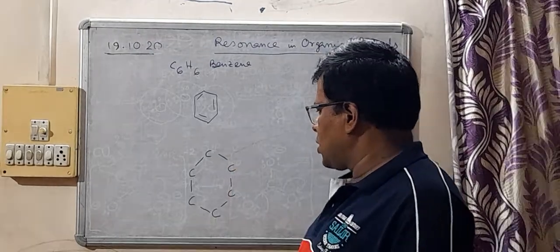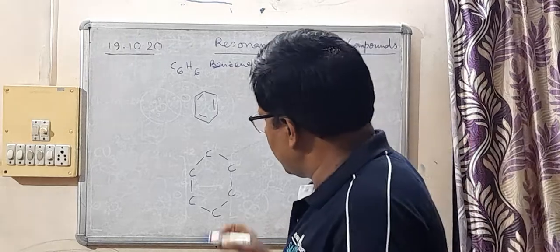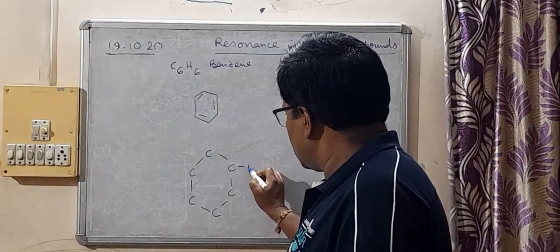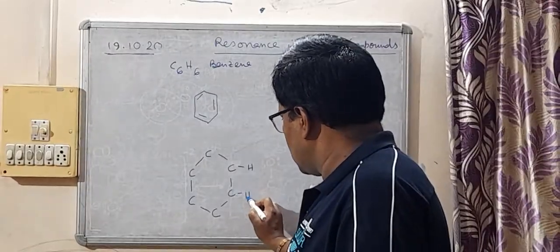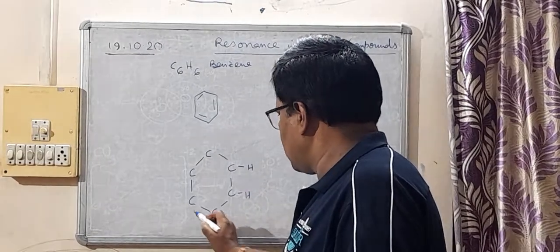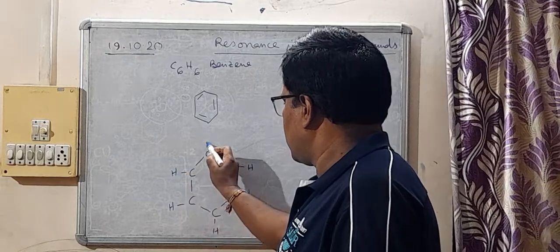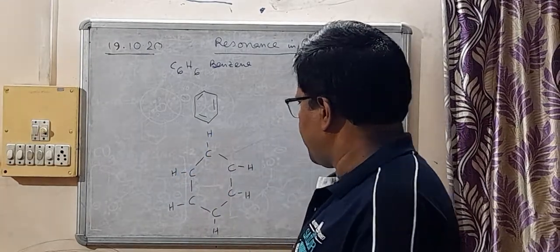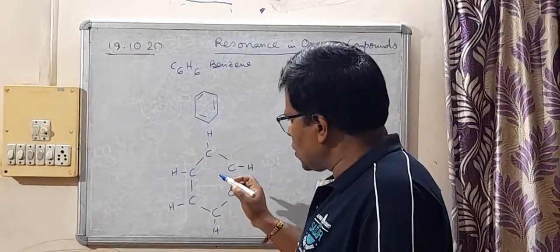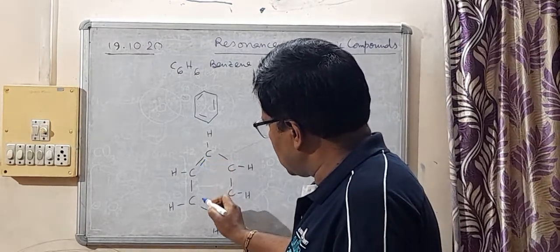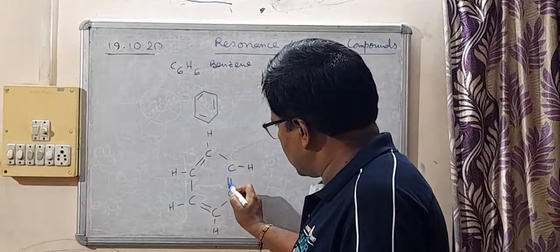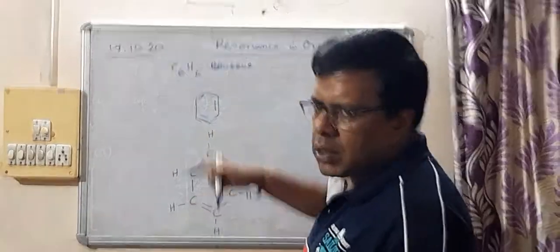Benzene has 6 carbon atoms in a ring, and there is hydrogen with each carbon atom. And at alternate positions there is a double bond. This is benzene, this one is the same thing.